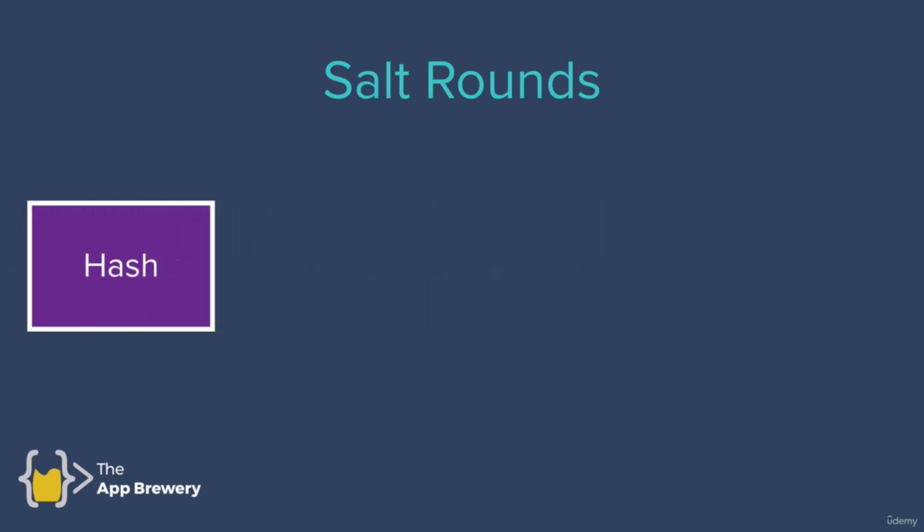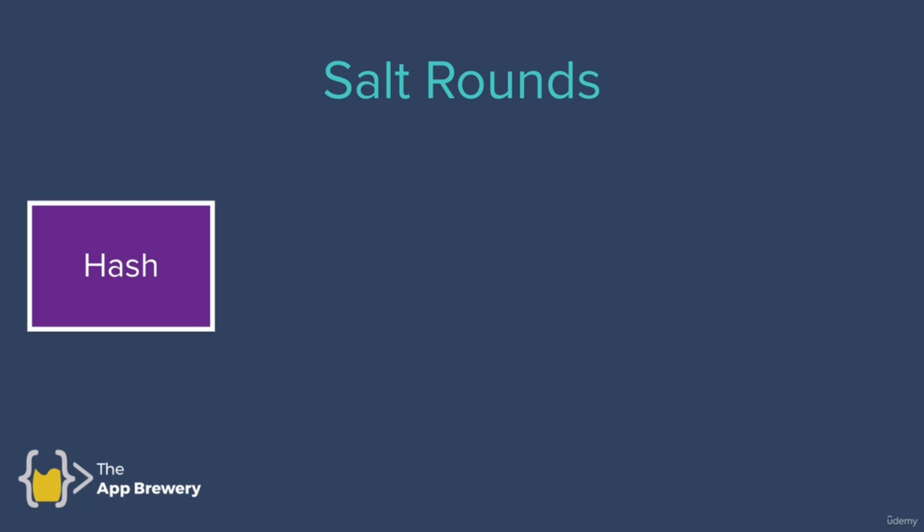Now, the reason why this is genius is because as computers get faster, remember that Moore's law says that every year the number of transistors in a computer chip almost doubles and the cost of that faster computer halves. So every year you can get more computing power for less money. And this is where salt rounds comes in. When you're hashing your passwords using Bcrypt, you can set the number of rounds you want to salt your password.